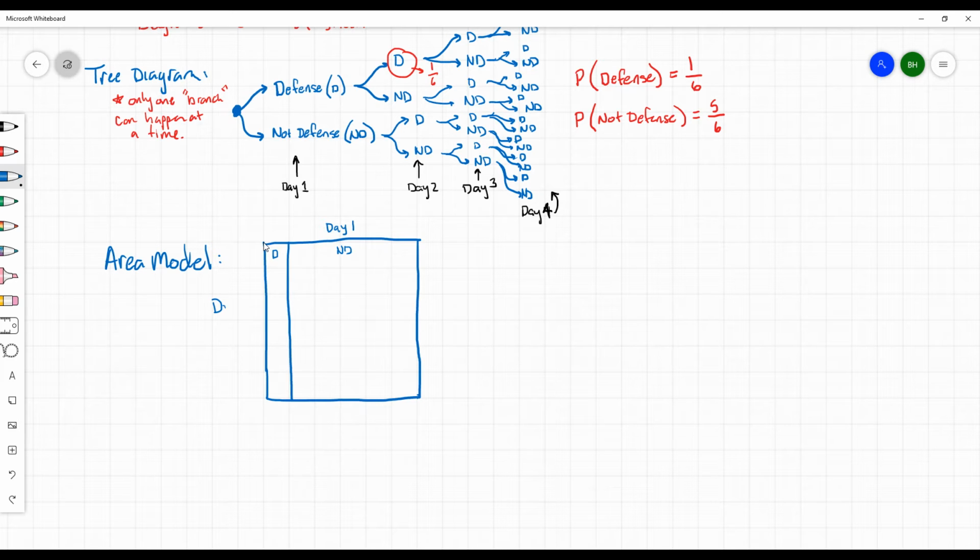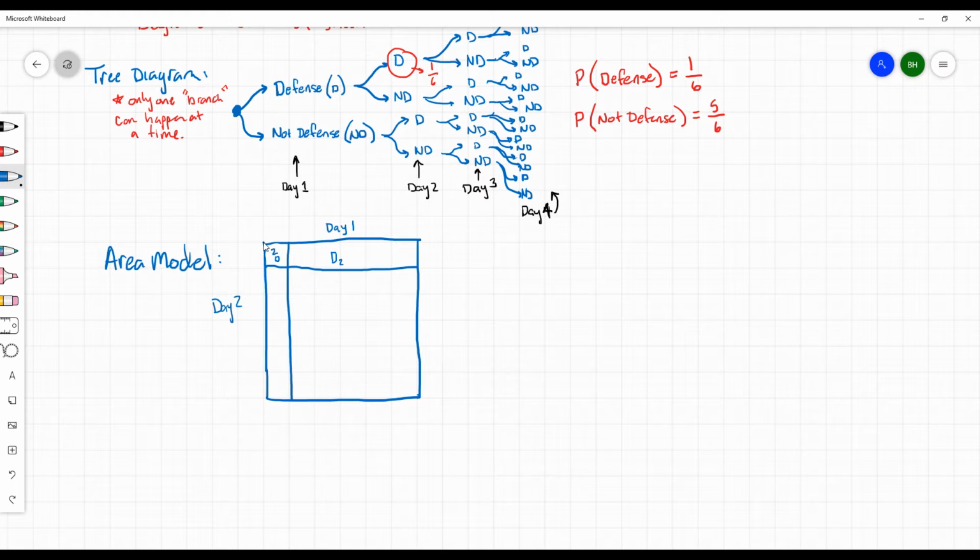And then you can have a day 2, and there's actually a couple things that can happen. I'm going to go this way now, and there's an opportunity here where Mari actually can be the defense for both days. So I'm going to say 2 defenses, or she could be the defense for day 2.